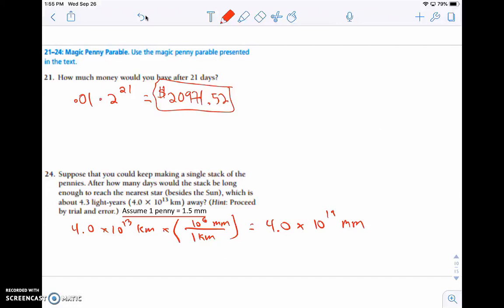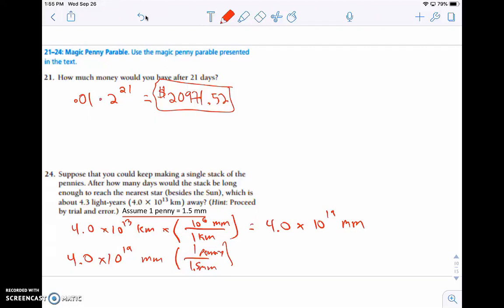Next, we're going to find out how many pennies this requires. We take that 4.0 times 10 to the 19th millimeters, and remember that 1.5 millimeters was equal to 1 penny.